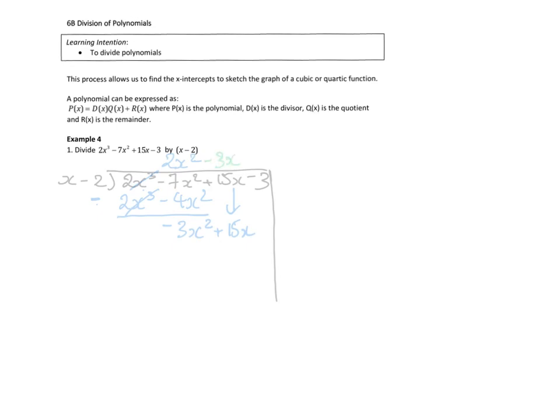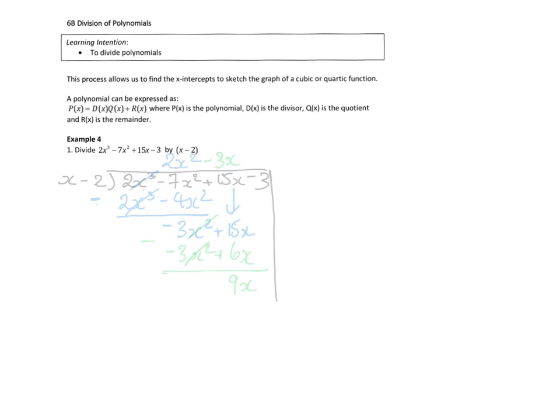So minus 3x times x is minus 3x squared. Minus 3x times minus 2 is plus 6x. Okay, subtract. Those two things cancel out. And we've got 15 take away 6x, which is 9x.